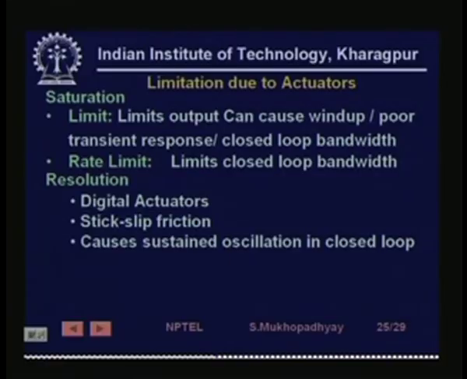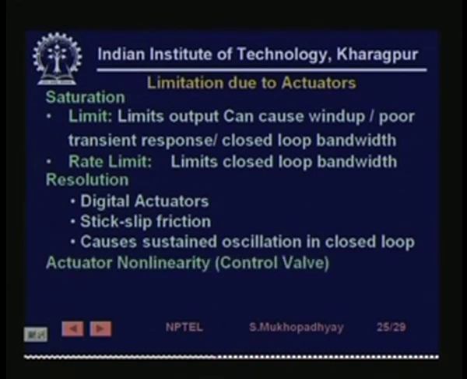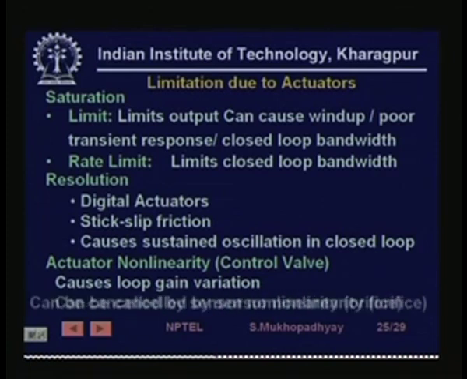So, it keeps on doing this, and that causes oscillations. Typically such resolution problems are caused either by digital actuators like step motors, or by stick slip friction, and the effect is that it may cause sustained oscillation in closed loop. Similarly, actuator nonlinearity, we have already mentioned this.